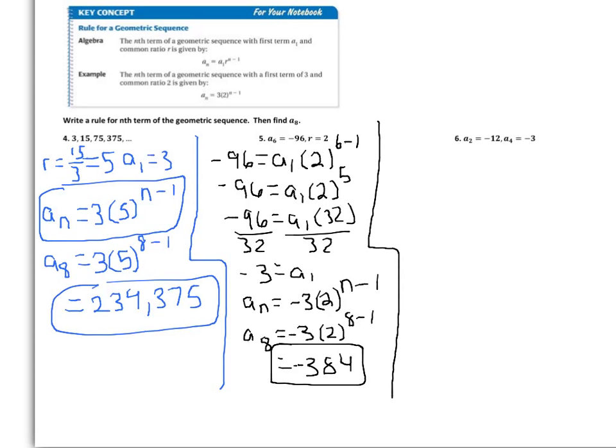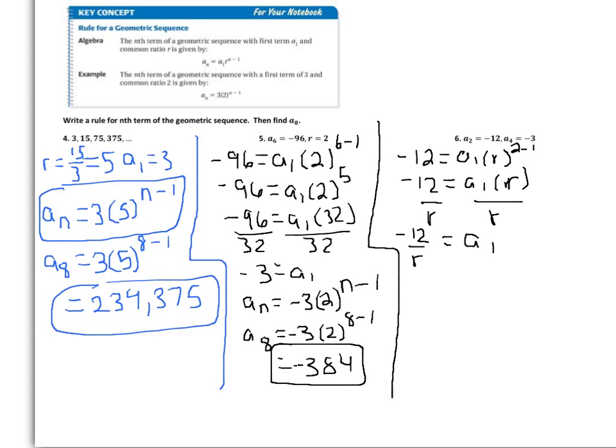So, if I set this first one up, I get negative 12 equals a sub 1 times r to the 2 minus 1. So I get negative 12 equals a sub 1 times r, because 2 minus 1 is 1. So divide by r. I get a sub 1 equals negative 12 divided by r.